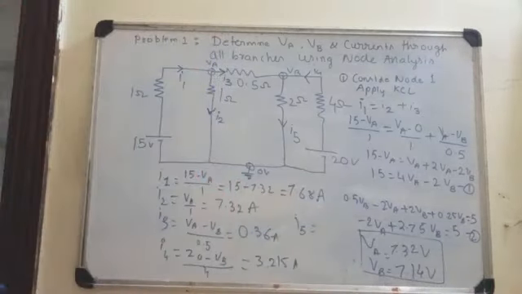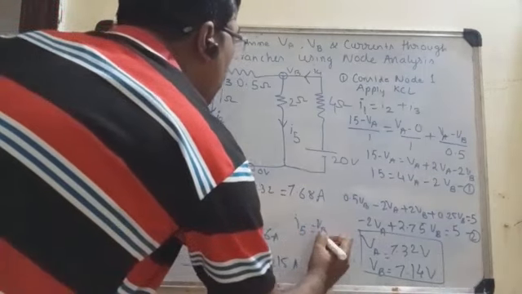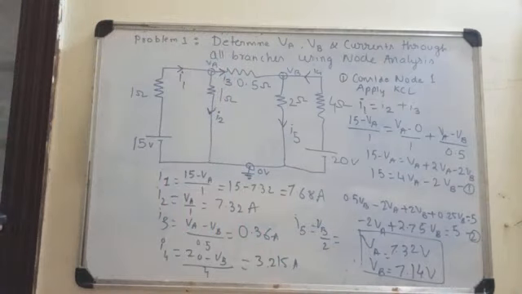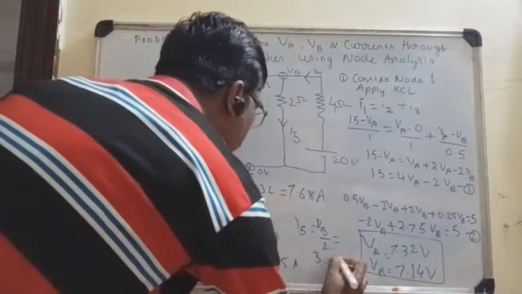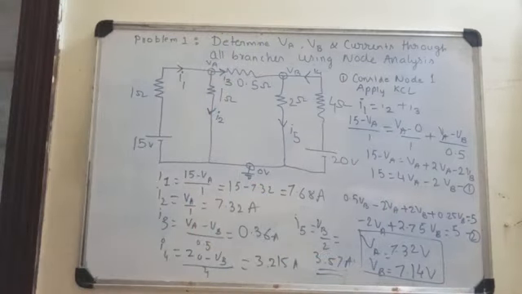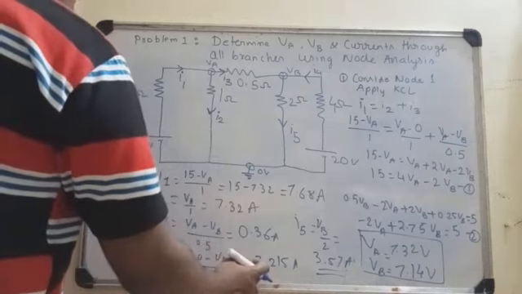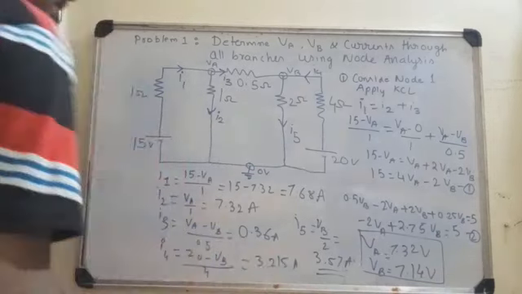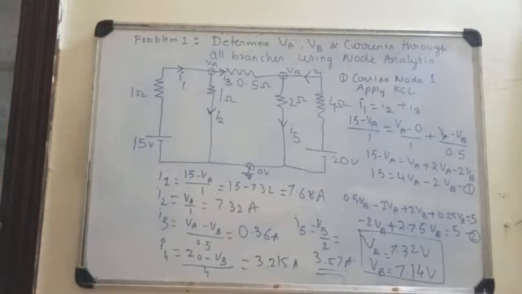I5 is VB by 2, so 3.57 amps. So we can verify that I3 plus I4 together will give I5, 3.57 amps.